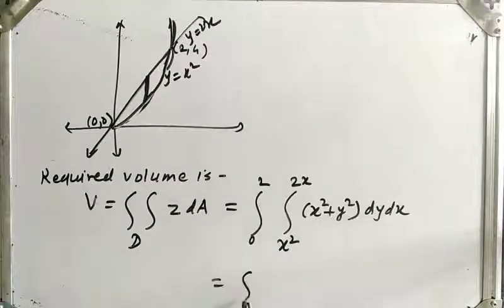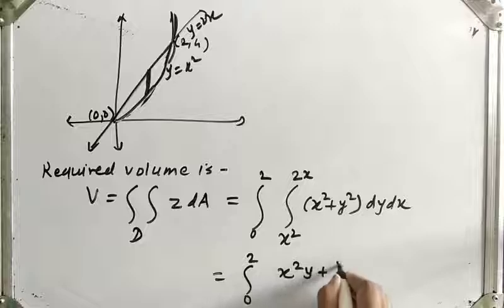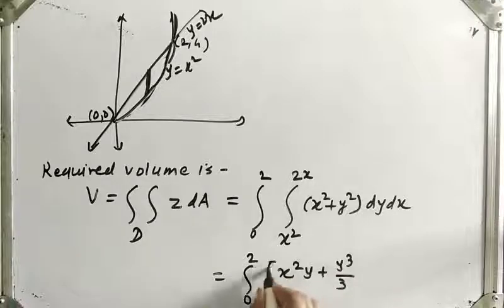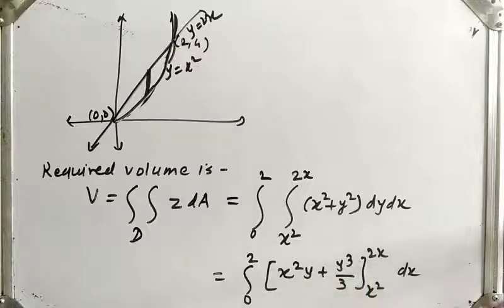So it is equal to the integral from 0 to 2, then integration with respect to y, that will be x square y plus y cube by 3 with limits x square to 2x, dx.